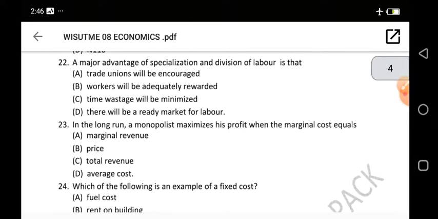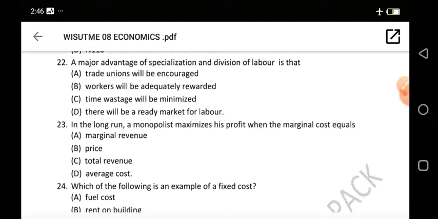Number 23, in the long run, a monopolist maximizes its profit when the marginal cost equals what? The marginal revenue. There are lovely diagrams for this, but because of the nature of the device I'm using, I'm not able to draw those diagrams properly.